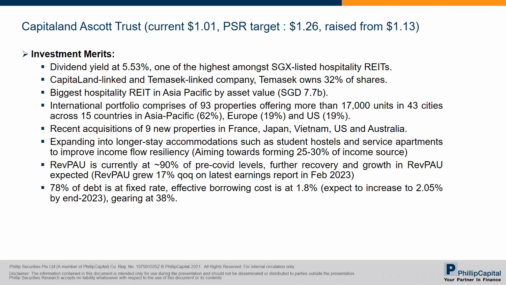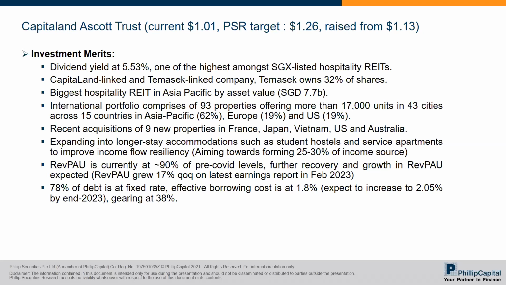And then they have an international portfolio across global countries. Recently they acquired 9 new properties, so they are still on an expansion path. Despite the last 2 to 3 years of COVID, they are still expanding at the moment. And they are looking to move into longer stay accommodations, such as student hostels and service apartments, because all these are contracted stays, so they will provide more visible income flow.